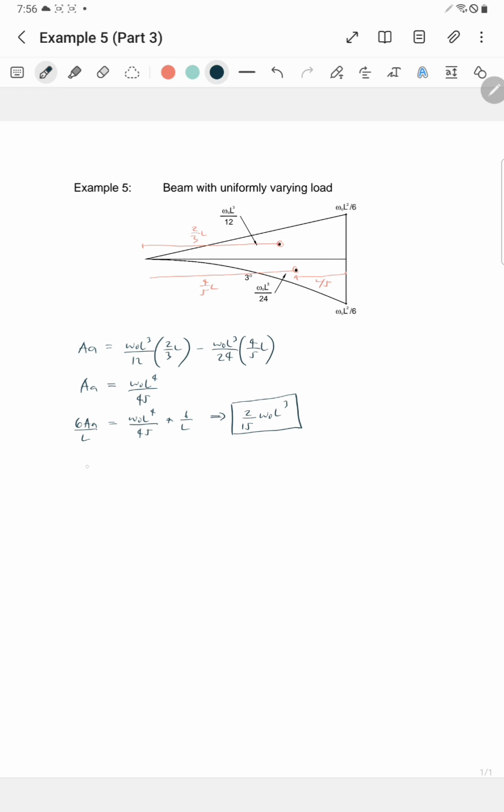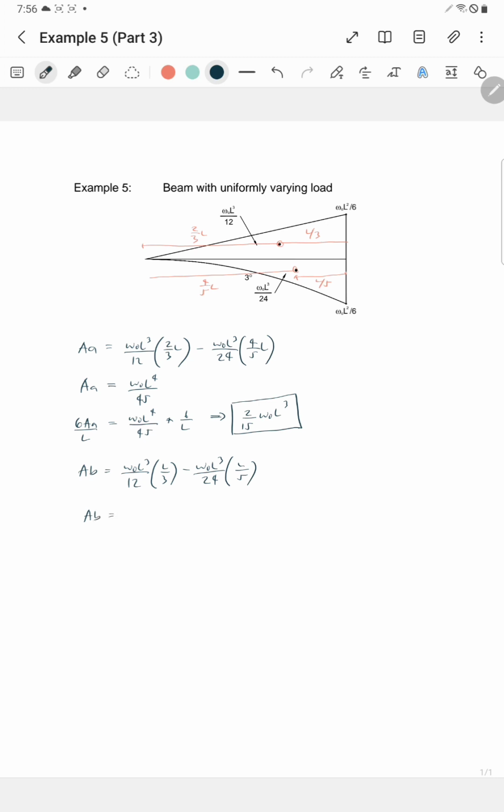The next, for the parameter AB, area times lever arm from right. So for the triangle, the area is positive WL cube over 12, and its lever arm from right is L over 3. For the spandrel, the area is negative WL cube over 24, and its lever arm from right is L over 5.